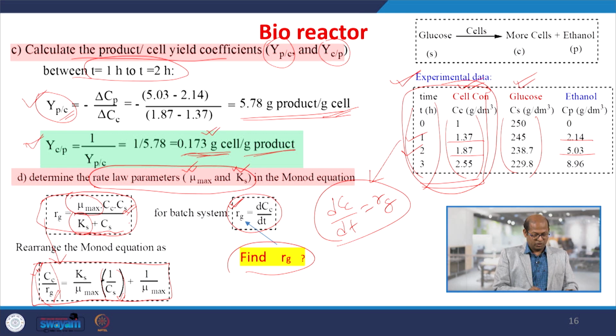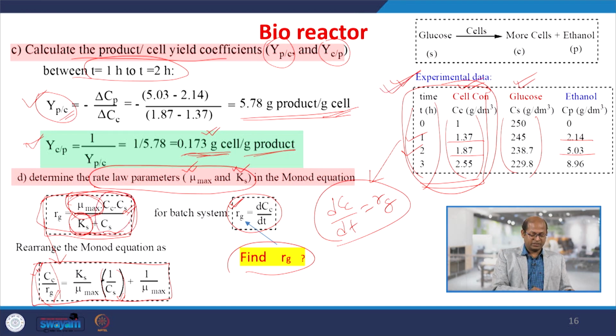You can see in that Monod equation, the rate of cell formation equals mu max times Cc Cs, divided by Ks plus Cs. Ks is the unknown parameter that we can find once we have the experimental data.